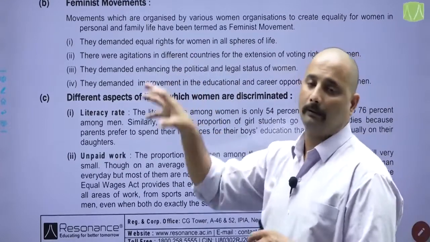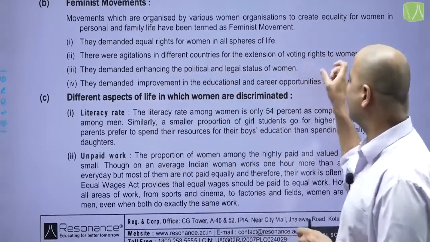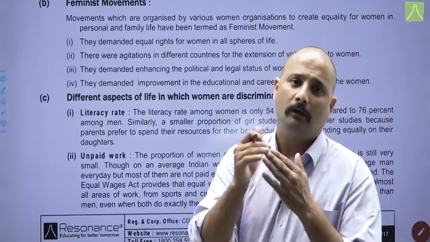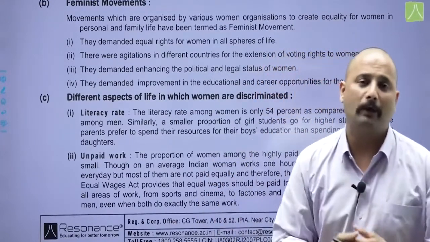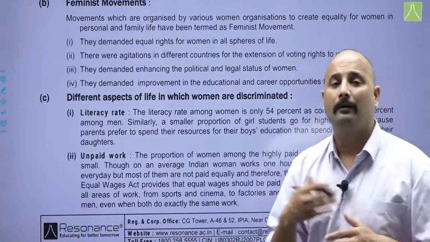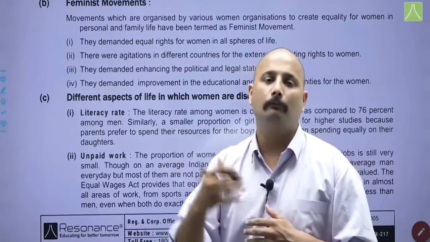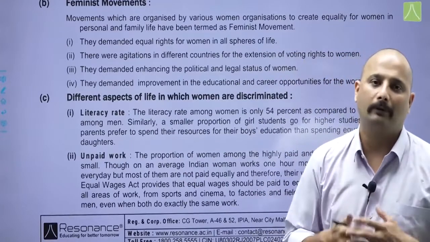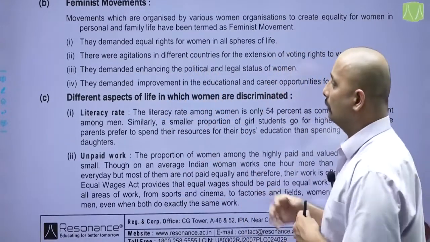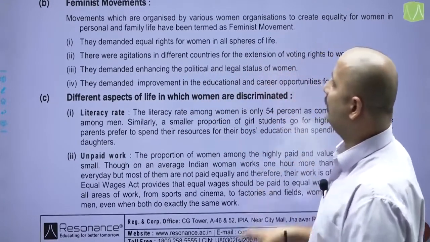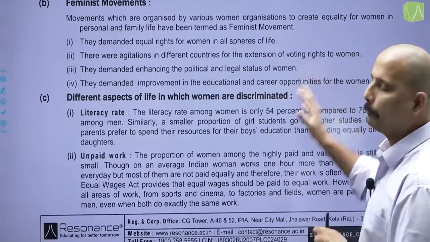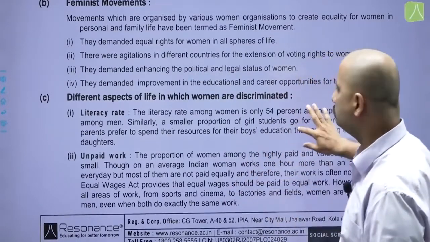There were agitations in different countries for the extension of voting rights to women, as we know from the French Revolution and the chapter on the rise of nationalism in Europe, where women had to lead several movements to get the right to vote. They demanded enhancing the political and legal status of women, and improvement in educational and career opportunities.